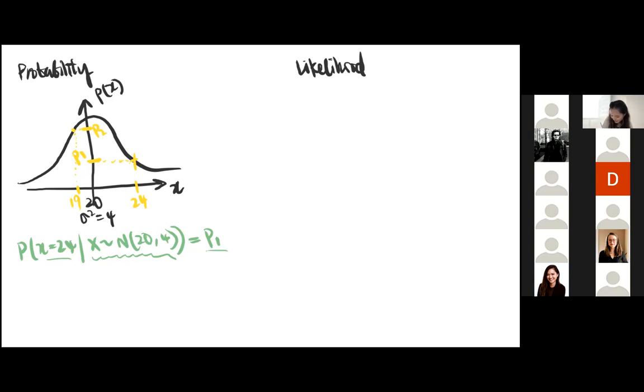Okay, so let's say that similarly, we have our puppy weights, X. Likelihood is sort of like flipped probability. Let's say we have this same puppy here at 24 pounds. The whole idea of likelihood is, given a small sample of data, we want to make some inferences on the population.